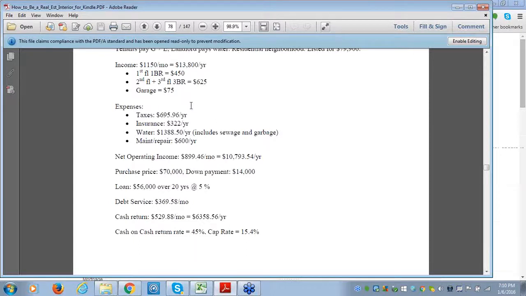Okay. Now out of that, we're going to have what we call fixed and variable expenses, okay? And I'm going to give you just the basics, okay? We just want to give you basic stuff tonight so you learn the formula. So under expenses, a fixed expense is something like taxes. In this case, it's $695.96 per year.